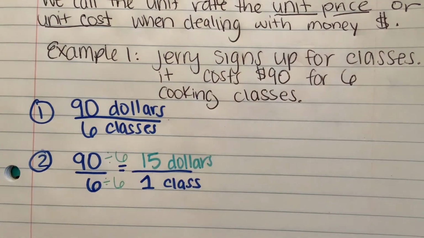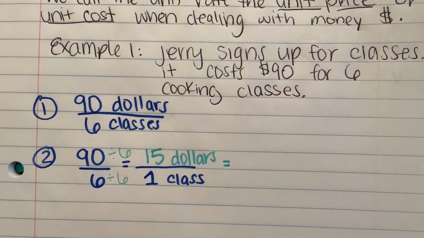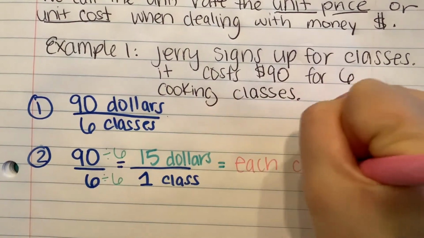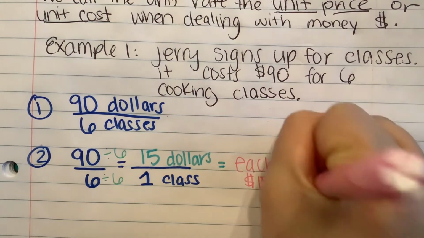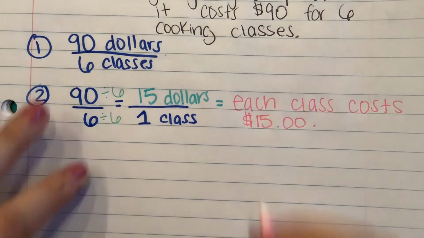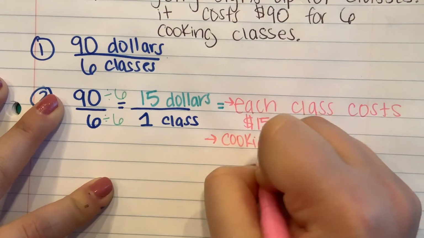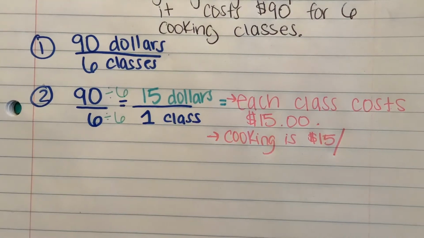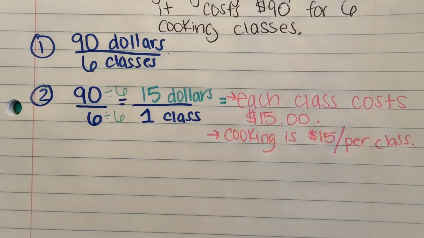Remember, my label was dollars. So now that I've solved this, I could say my final answer is each class costs $15. Another way to write it would be cooking is $15 per, remember that slash means per, and I'm going to write it next to it, per class. So we could write that either way.